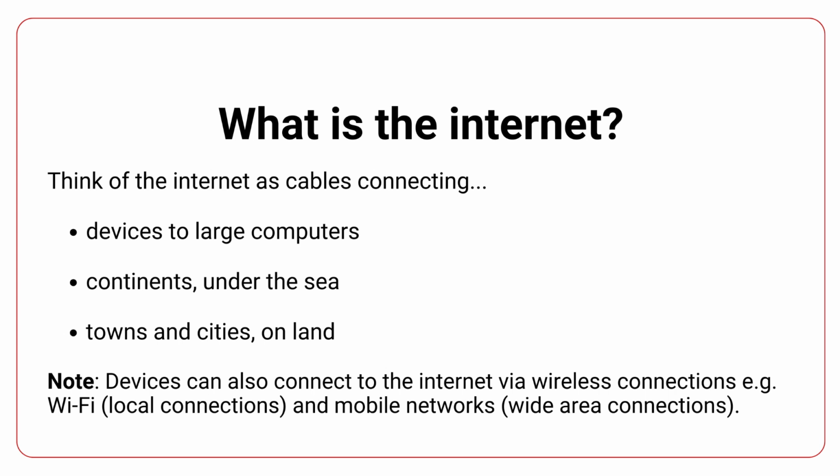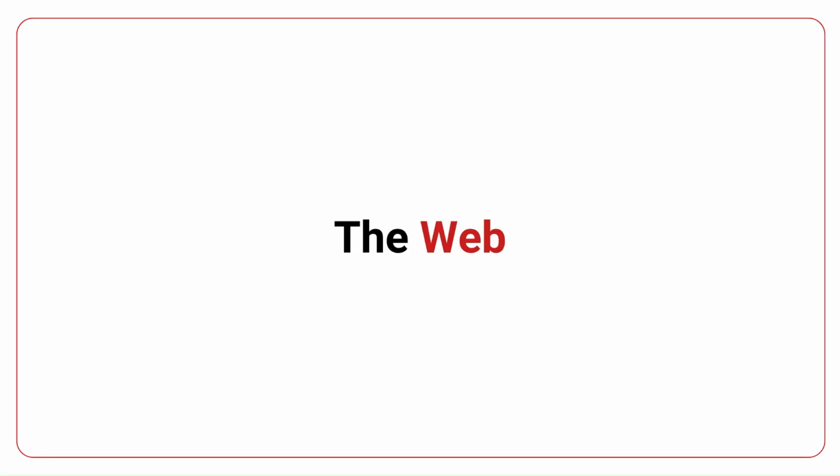So there's cables under the sea that transfers information across continents, and also cables on land that transfers information more locally within continents, connecting towns and cities, for example. The internet powers many day-to-day activities online, such as accessing and browsing the web.